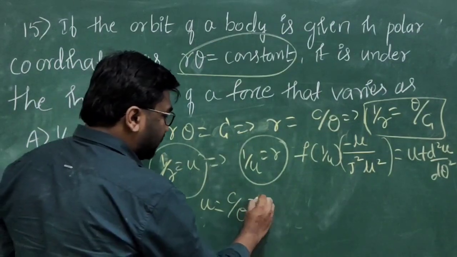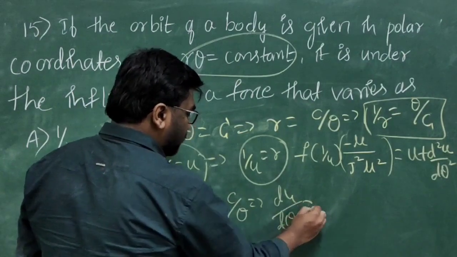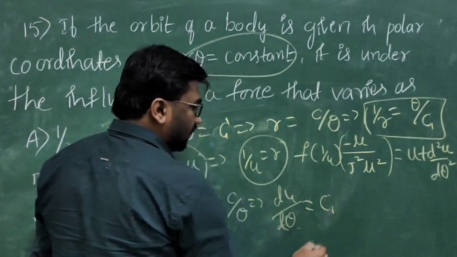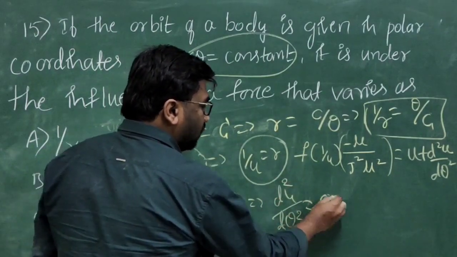Now differentiate this: du by d theta gives c, and differentiating again with respect to theta, it will be 0.